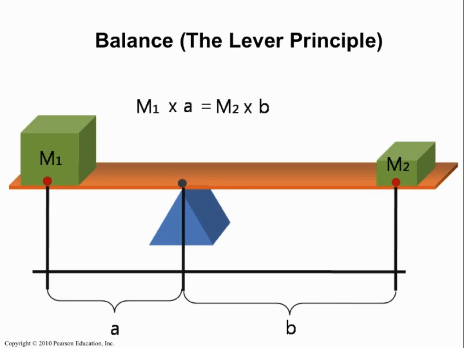The proportion is simply that m1, the big mass, times a, the small distance, equals m2, the small mass, times b, the big distance. This is also known as the lever principle, which Aristotle first came up with, but Archimedes perfected.